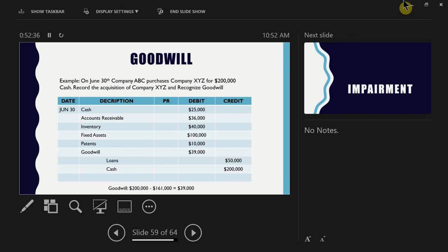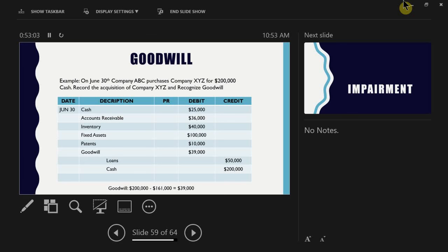So when we talk about goodwill, that means we're acquiring another business. We're acquiring their brand, their patents, their copyrights. When we purchase at a higher price than the value of the assets, the difference produces goodwill.